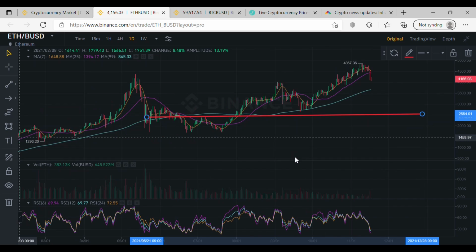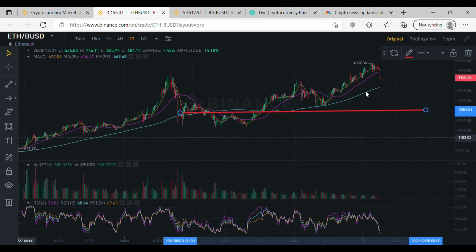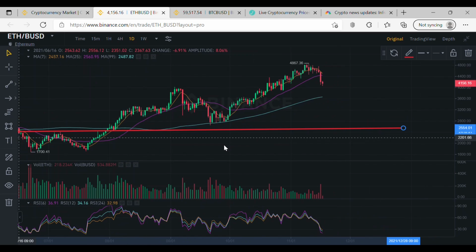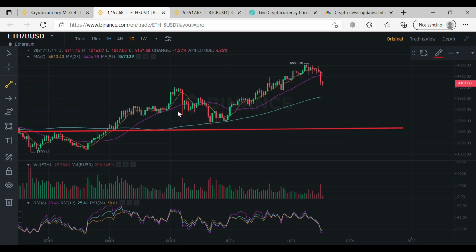Okay, and then we can see that here is a small head and shoulder. It's not a big one, but definitely it has moved the price downward, so we can draw another support line here also.